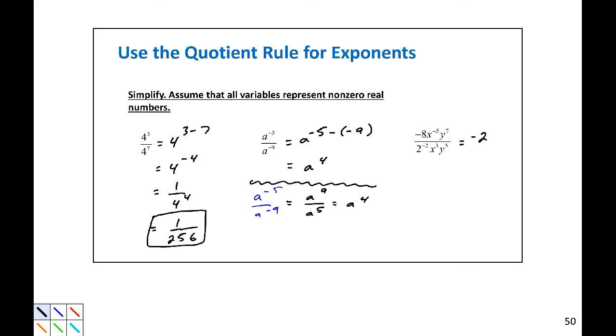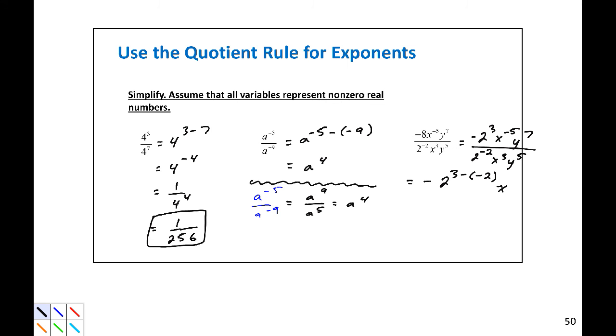So negative 2 cubed x to the negative 5 y to the 7, divided by 2 to the negative 2 x cubed y to the 5th. Now we can subtract the exponents on the 2's, so that would be negative, and then 2 to the 3 minus negative 2.